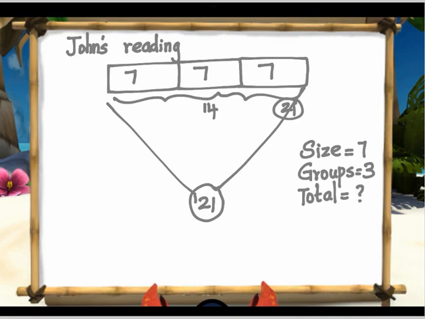So the multiplication number sentence for this problem is 3 times 7, or 3 groups of 7 equals what? We have found 3 groups of 7, or 3 times 7, is 21.